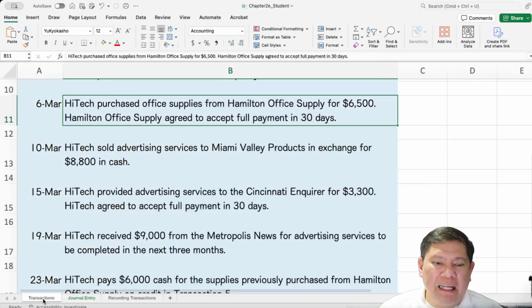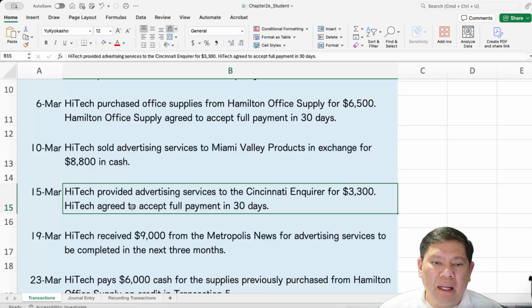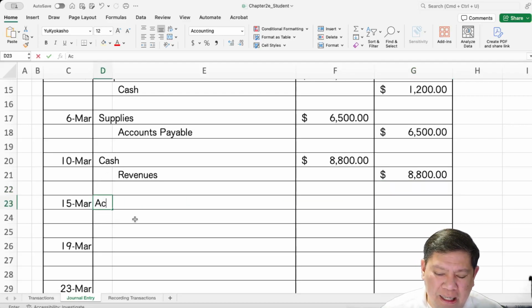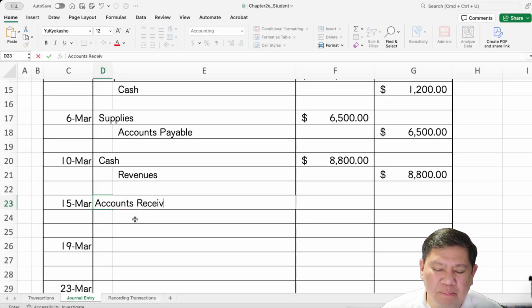March 15, provided advertising services, 3,300, but this time we agreed to accept a later payment. So instead of receiving cash, we recognize accounts receivable.